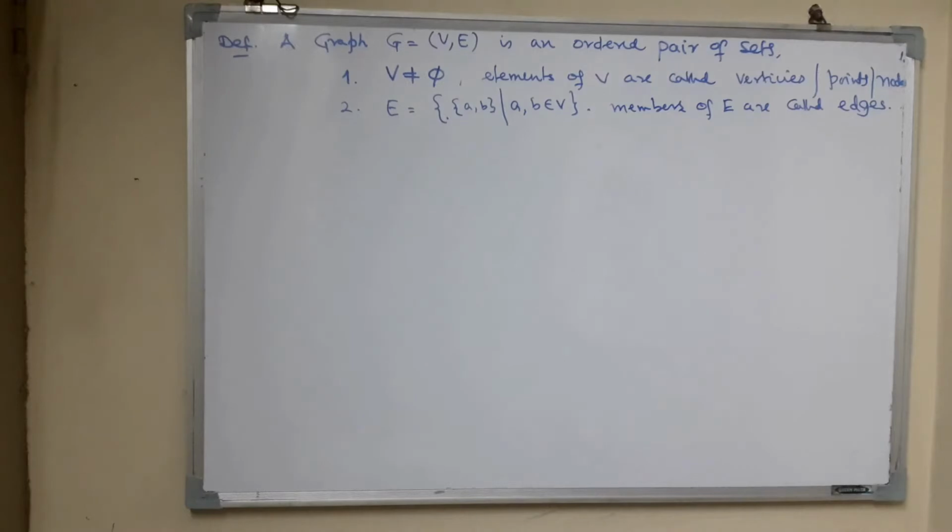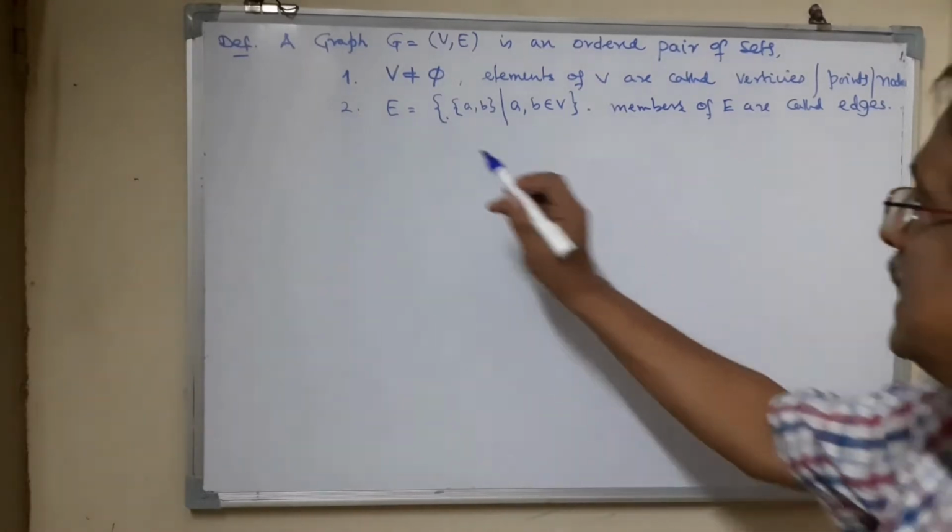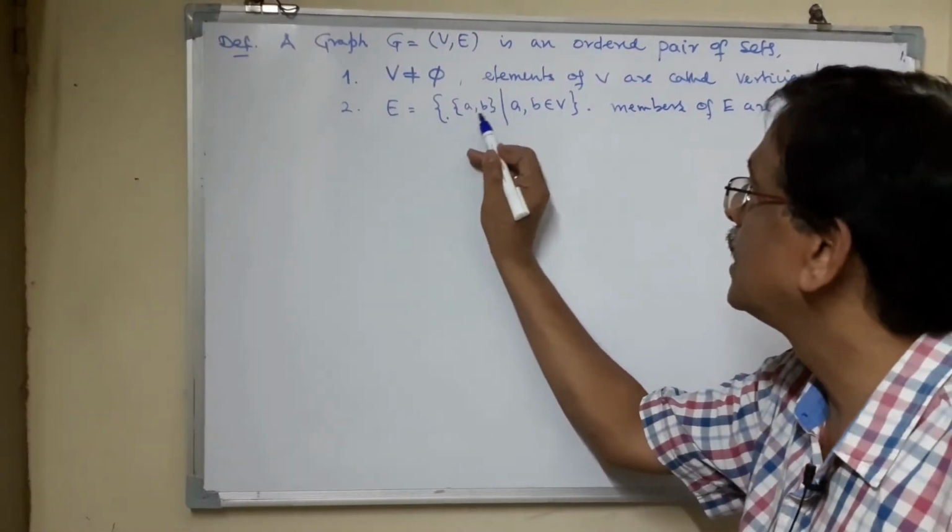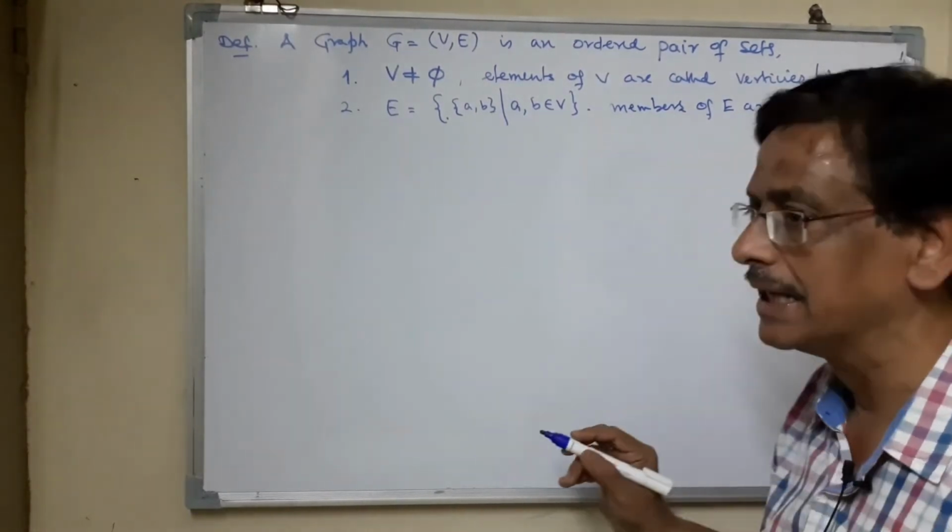So, basically a graph is an ordered pair of sets where V is non-empty. Members of V are called vertices. E is all two element sets. Members of E are called edges.